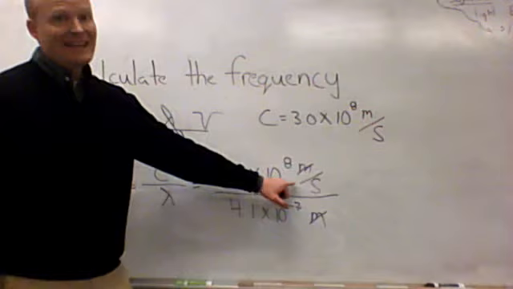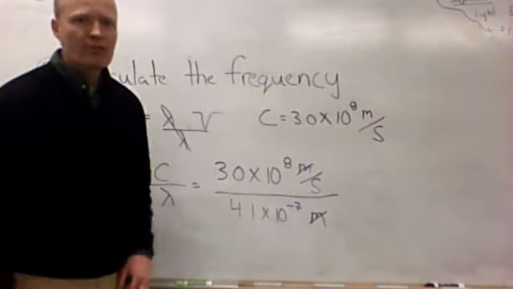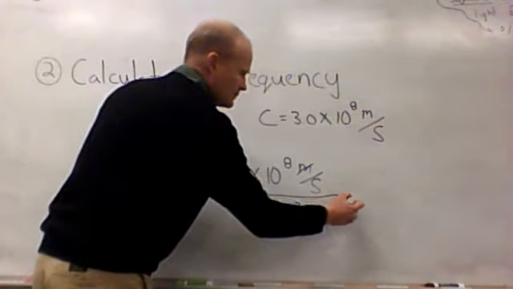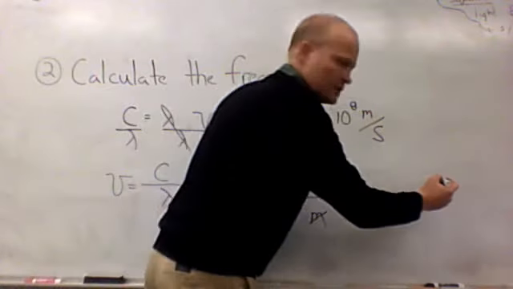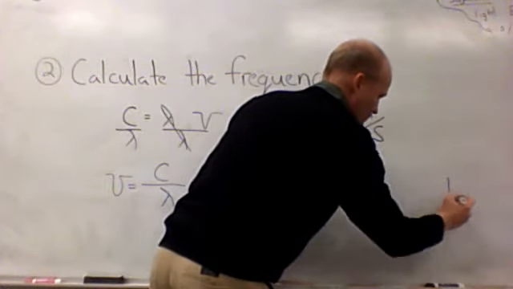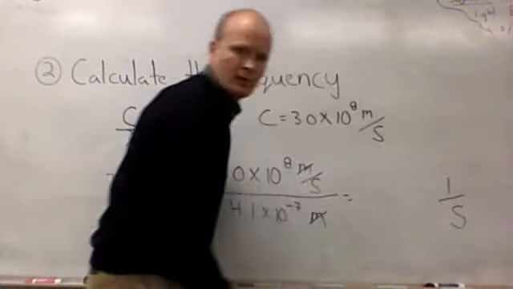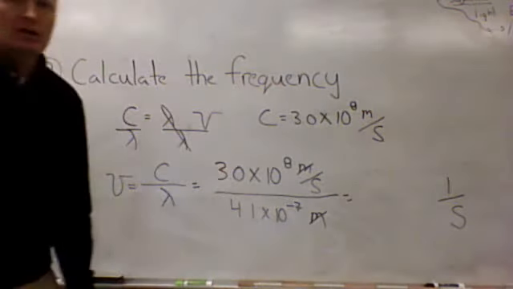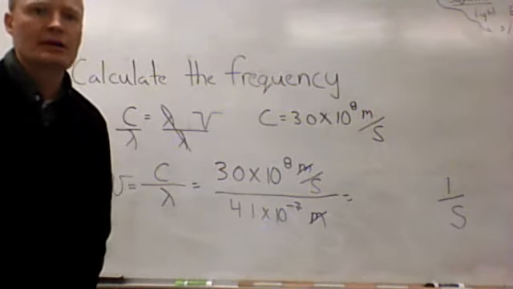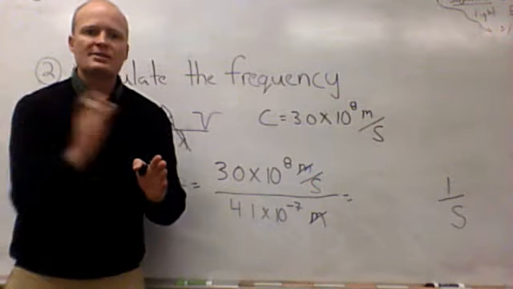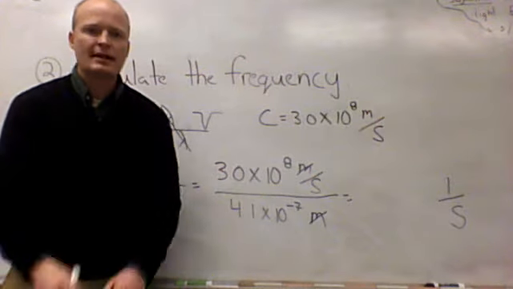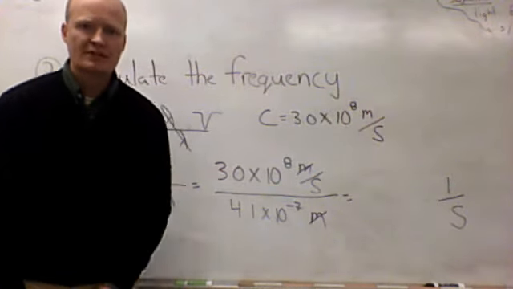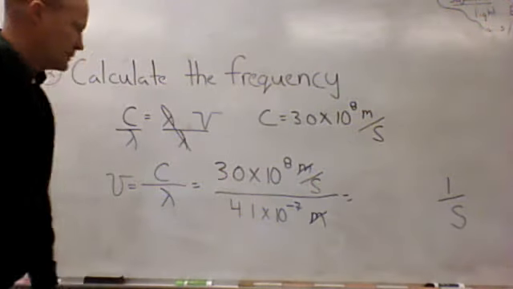The unit that is left is 1 over seconds. Now that's kind of a strange unit, but that is the unit of frequency. Remember, frequency is the number of times that a wavelength goes by per second. So 1 over seconds is a good unit for frequency.